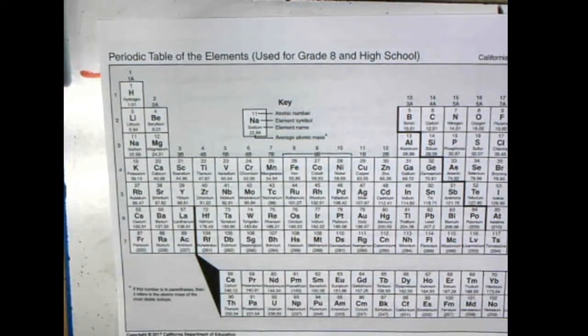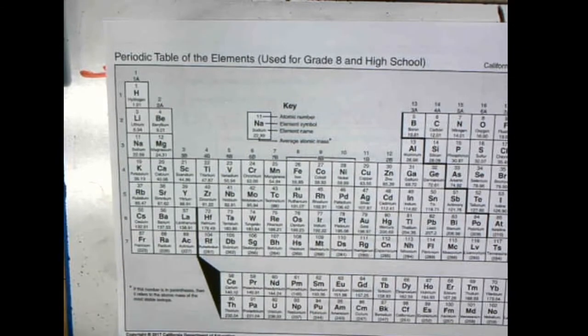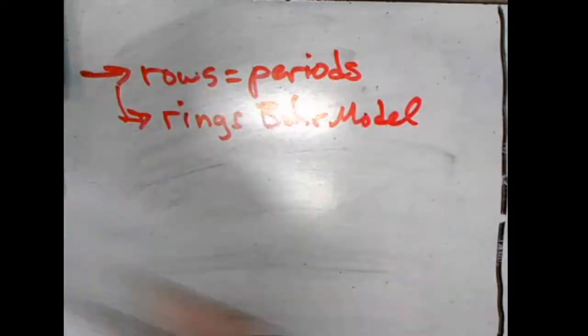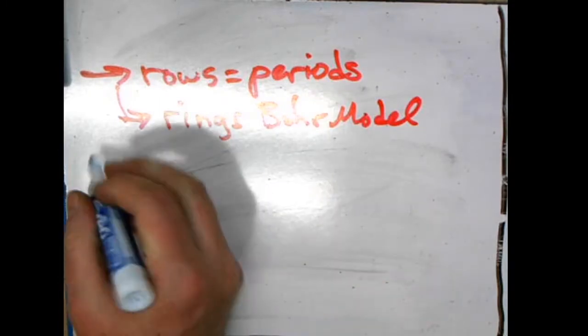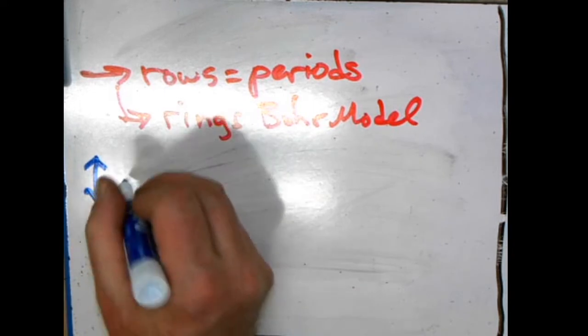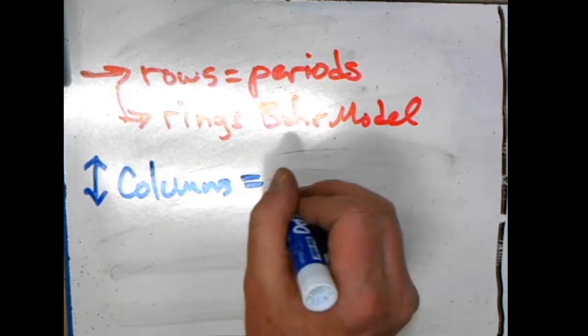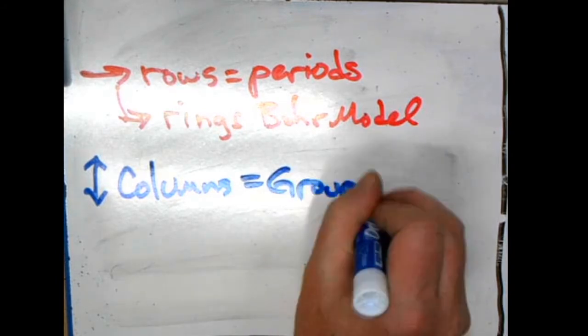And that's going to help you add in, as we talked about, the valence electrons, and then you're going to see once we get started next week how that translates to bonding and then eventually to reactivity. All right. Now, the other way, the columns, or going up and down on the periodic table, are known as groups.